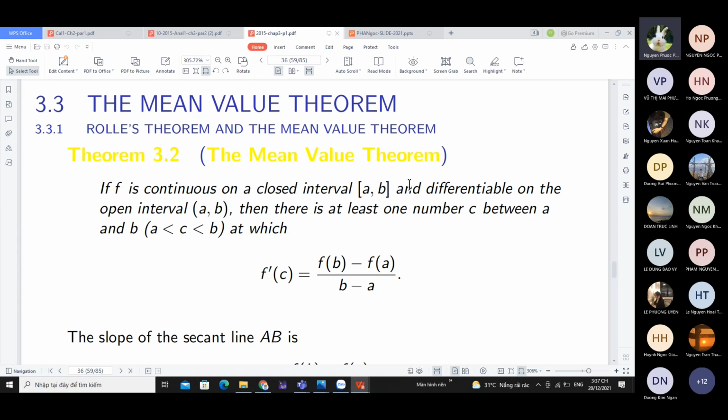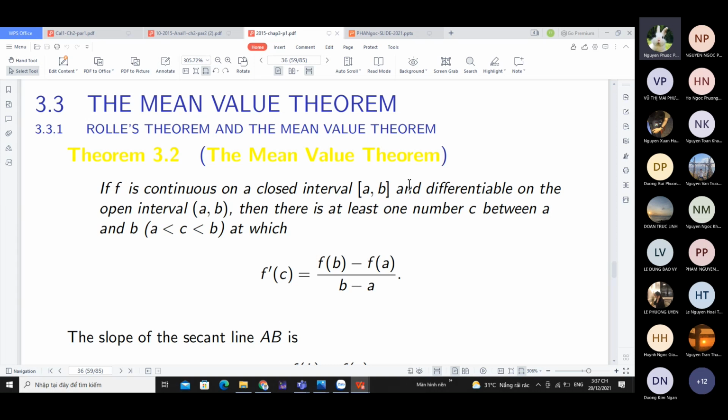This is the difference between the Rolle theorem and the mean value theorem. In this case, there is a number c between a and b so that f prime of c equals (f(b) minus f(a)) over (b minus a).